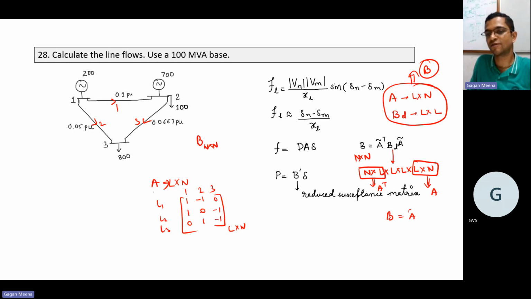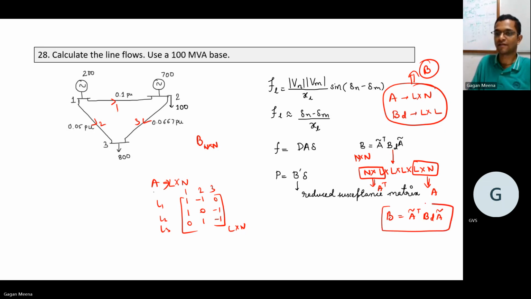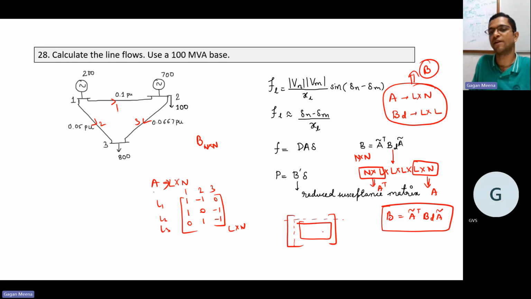So B is equal to A transpose D into A. The reduced susceptance matrix is obtained by removing the row and column corresponding to the reference bus. If bus 1 is the reference, we remove the first row and first column. Then we are left with a 2 by 2 matrix, which is the B dash matrix, and delta is a 2 cross 1 vector, delta 2 and delta 3.